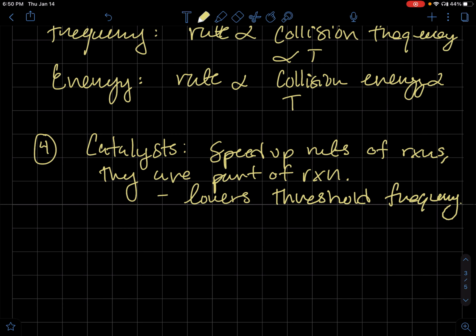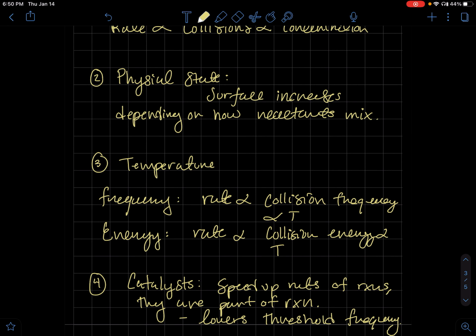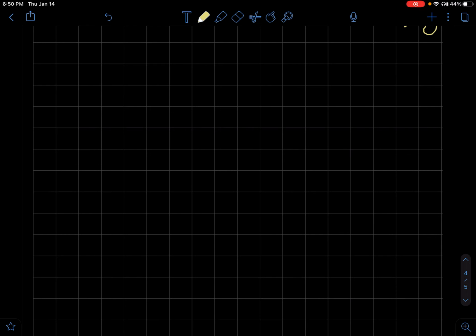All right. So I just wanted to cover those factors that affect reaction rates. Let's talk about expressing reaction rates now.